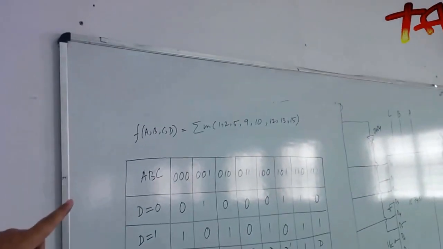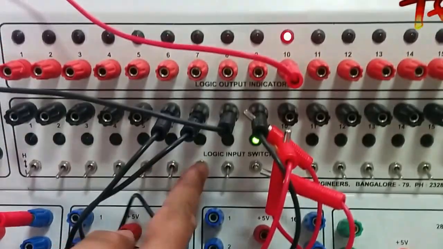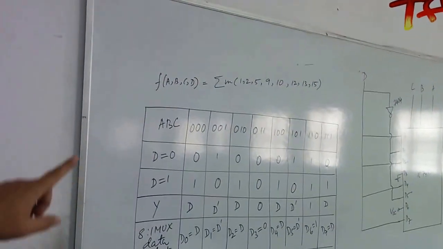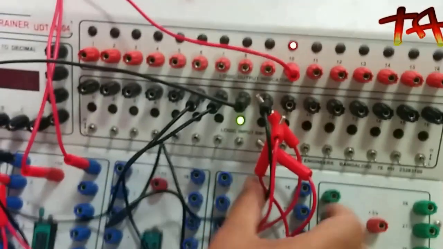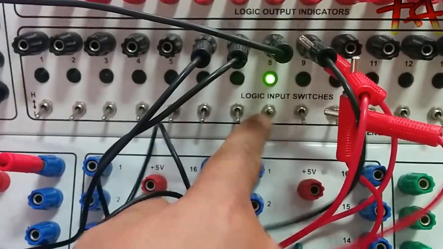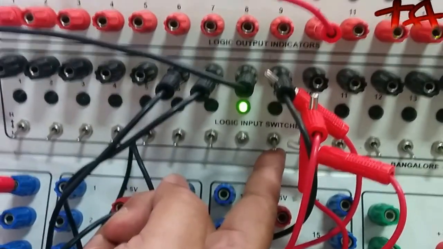For 0, you can see 0 is absent here, therefore the output is low. As I give 0 0 0 1, the output becomes high. Now 2 is present here. As I give 0 0 1 0, representing 2, the output is high.